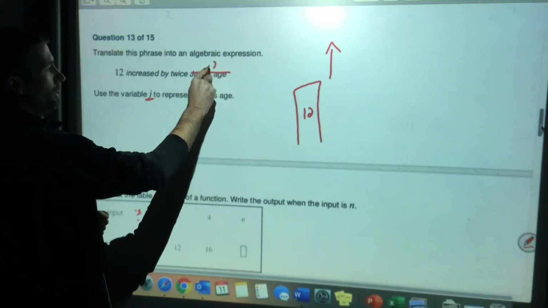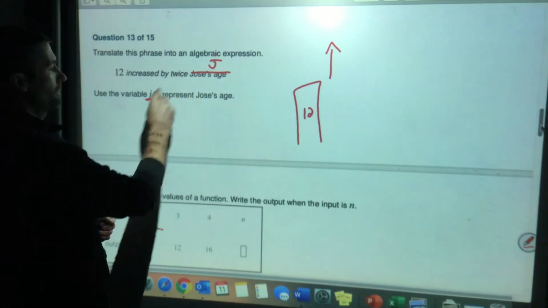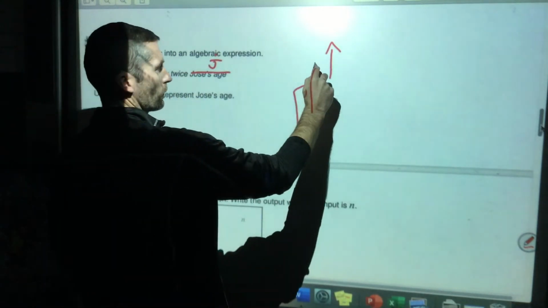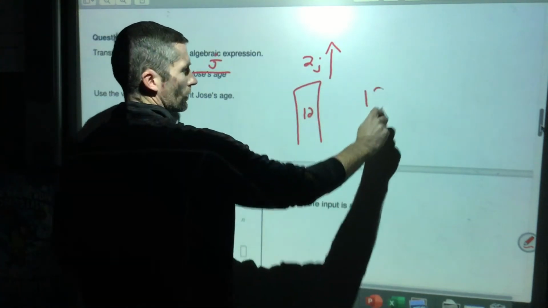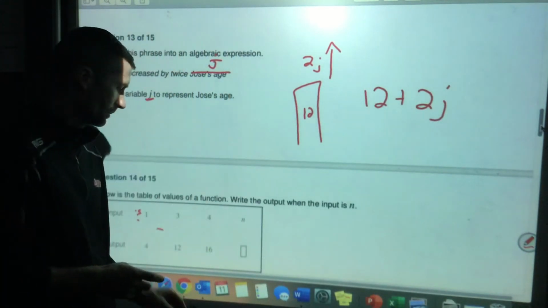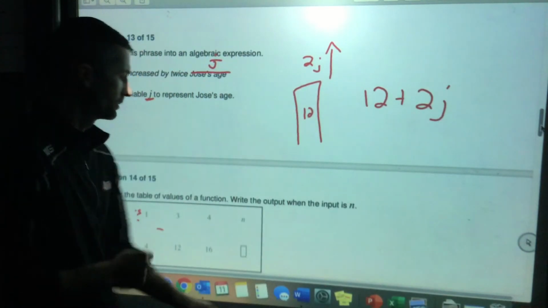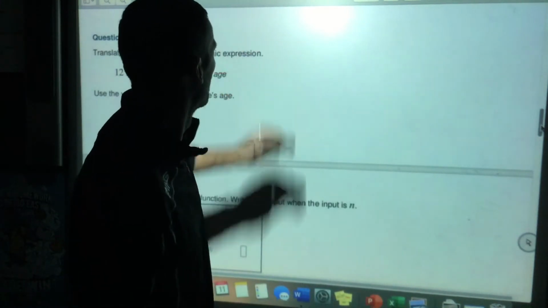I should do lowercase because that's what it is. So we're going up twice j. So that's j times 2. So our expression is 12 plus 2j. Draw it. It's helpful. Know what you're starting with. Know which way you're going.